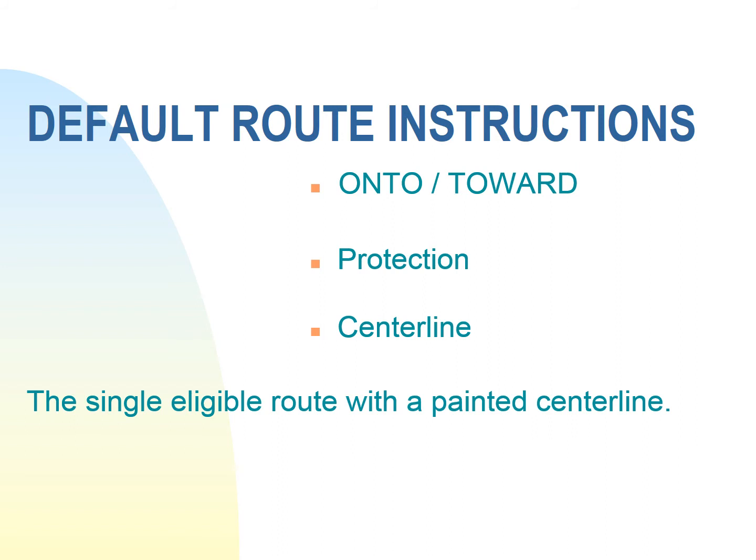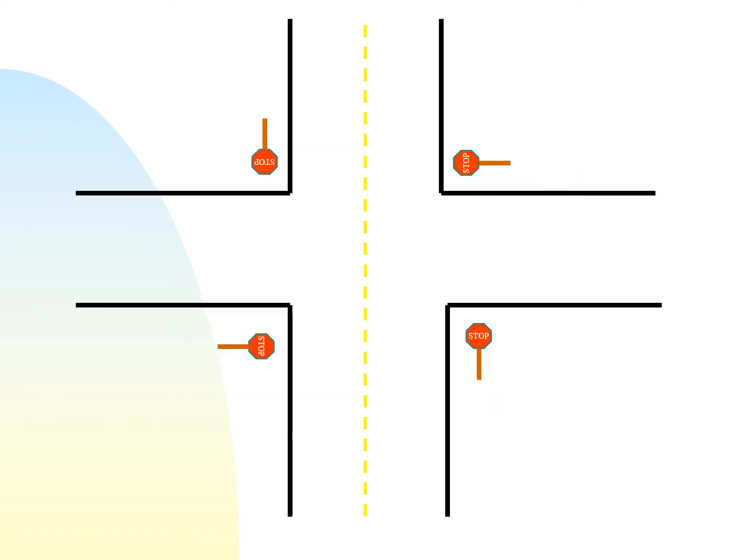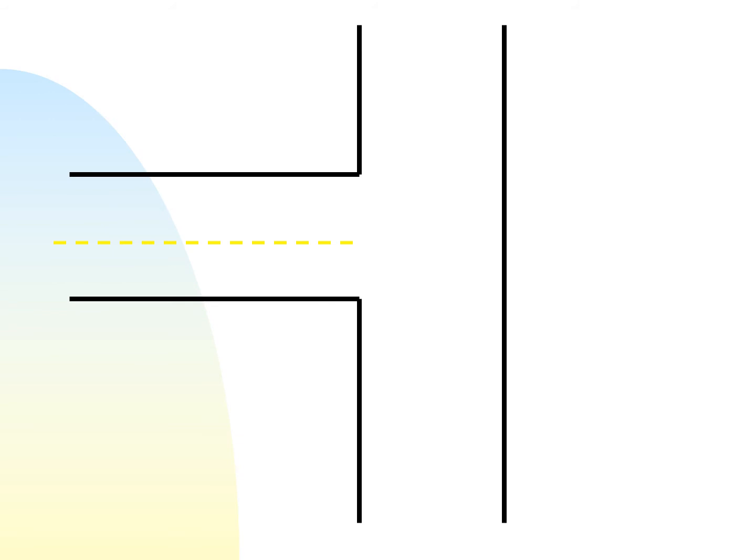So some examples. This intersection, we come from the base, we say we're not onto or toward. There isn't a single route without a stop or yield sign, but there is a single route with a painted center line, so that would be the way we go. We look at this intersection, we're not onto or toward. There isn't a single route without a stop or yield sign, but there is a single route with a painted center line, and that would be the way we go.